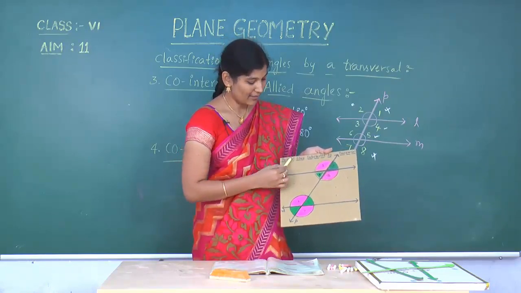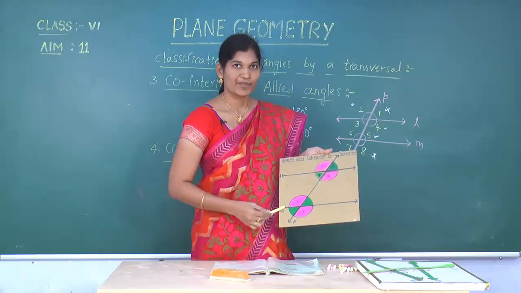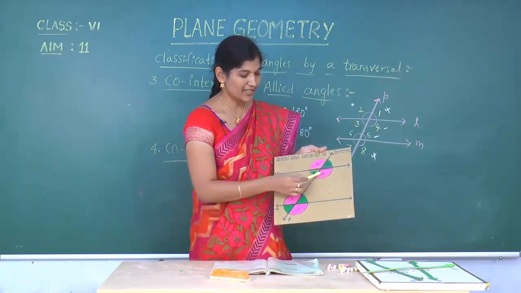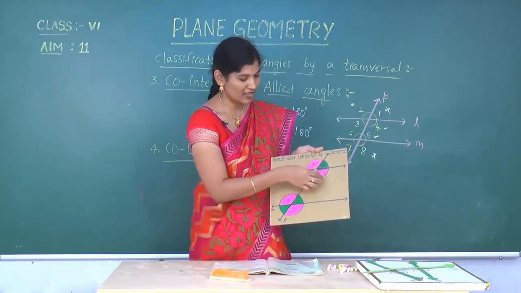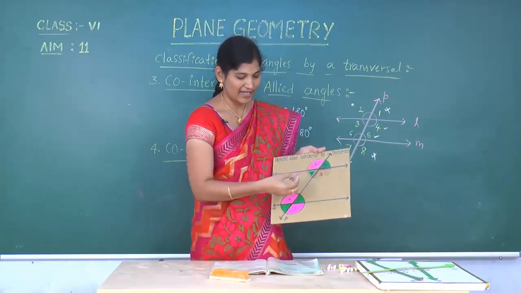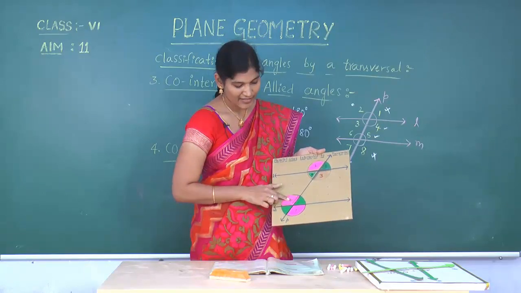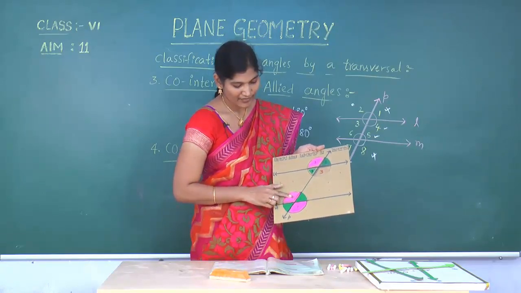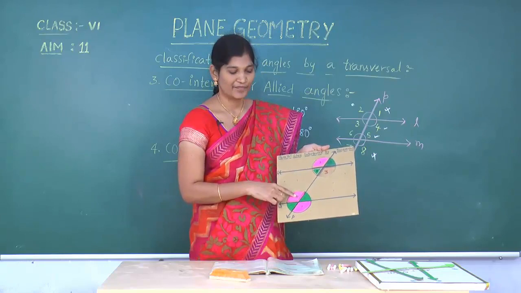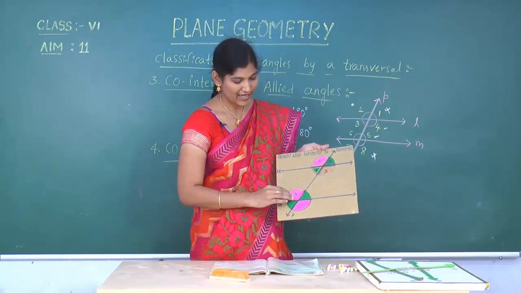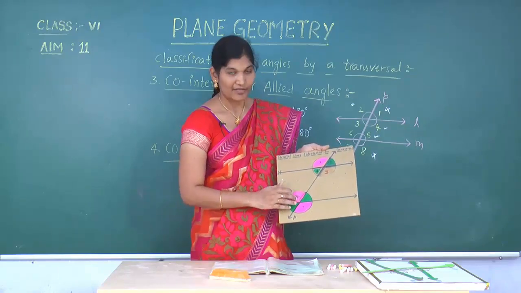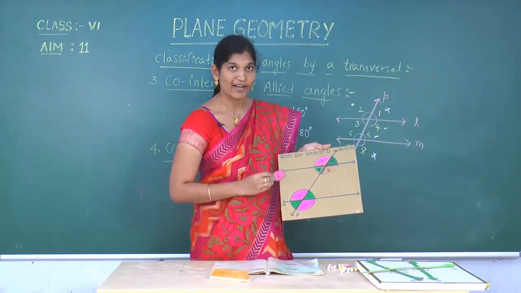I said these two are parallel lines, which means these two angles are equal. Let us see whether they are equal or not. I am replacing this angle with this. See how it is equal right now, and this angle is equal. That's why these two lines are parallel.